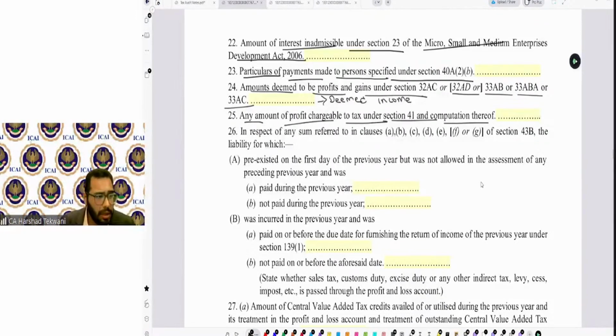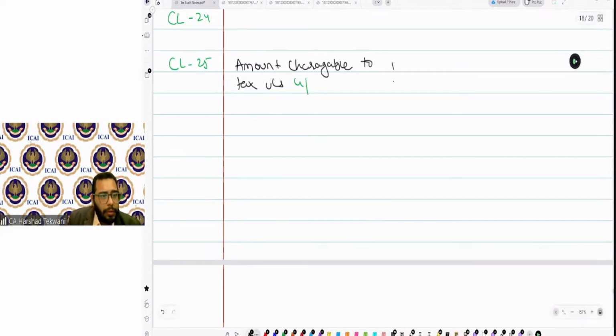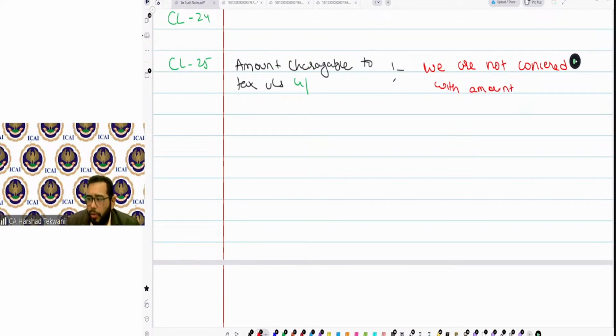Now, here we are talking about amount chargeable to tax. So under clause 25, that is amount chargeable to tax under section 41, here we are not concerned with the amount being debited or credited to the profit and loss account.